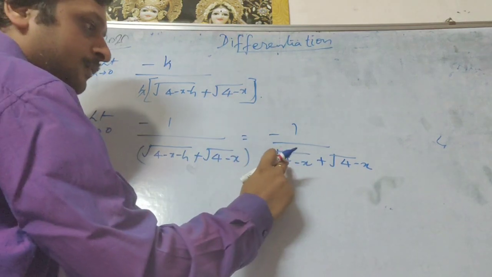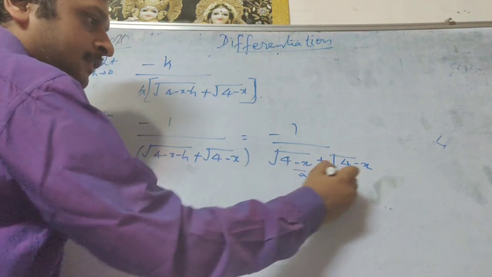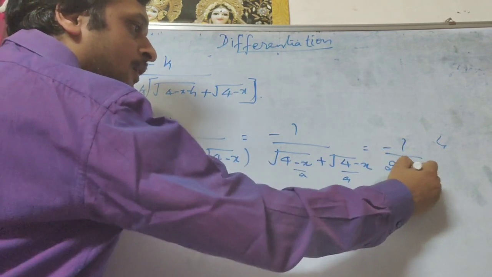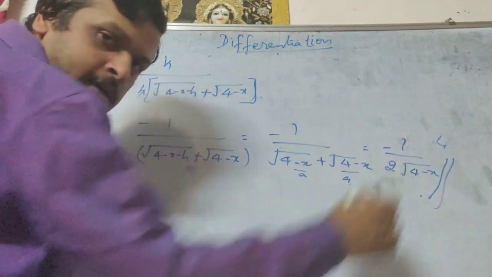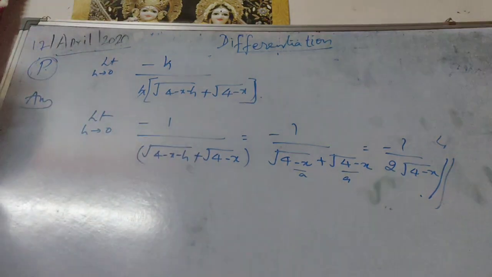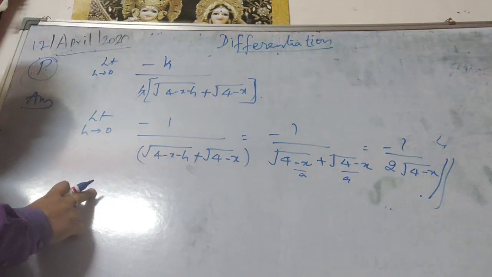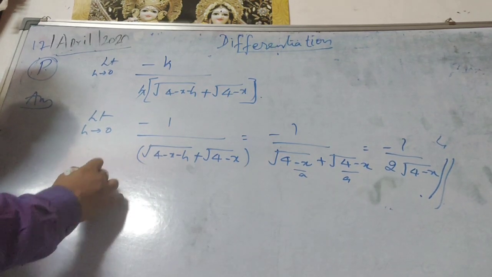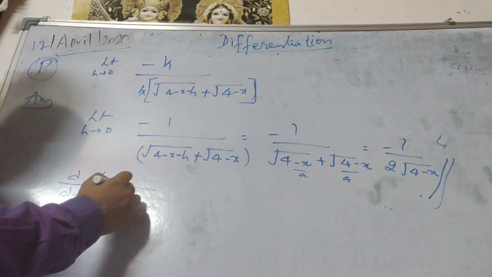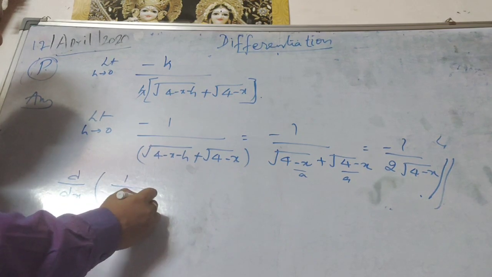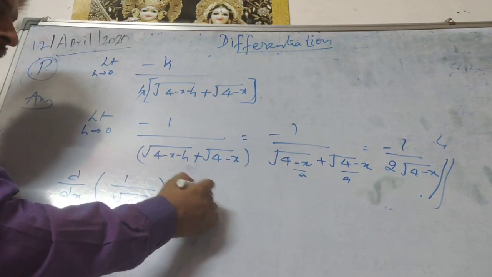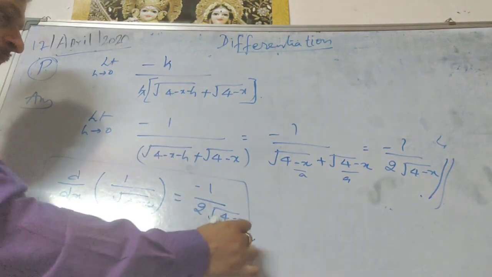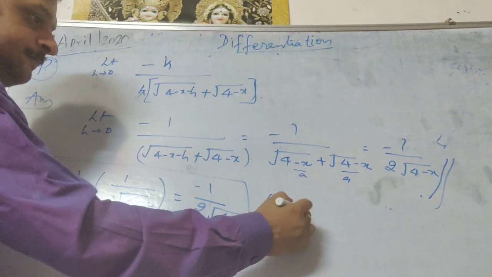This is a plus a, which is 2a, so minus 1 by 2 root of 4 minus x is the required answer for the differentiation of the given function. So d by dx of root of 4 minus x is minus 1 by 2 root of 4 minus x from first principles.